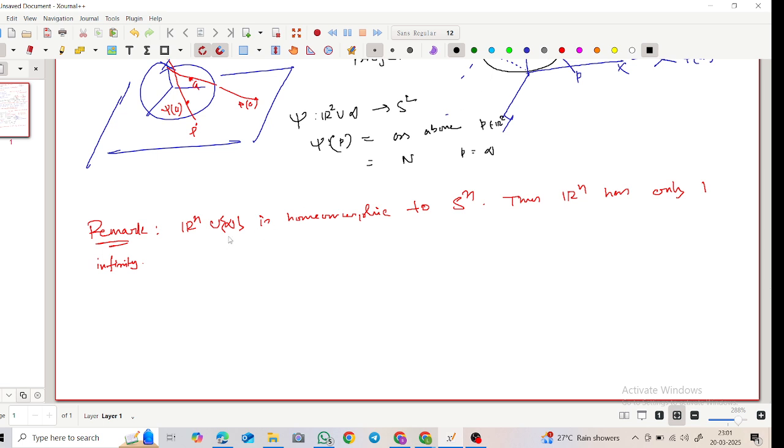That's the natural question, no? When you are defining Rn union infinity, we know the topology in Rn, right? So what is the topology in Rn union infinity? It has the following topology.